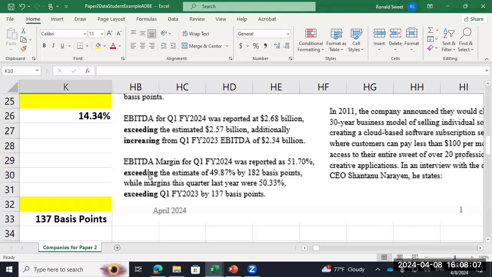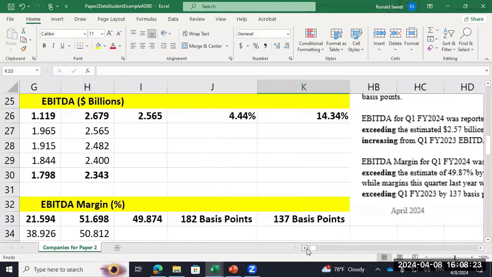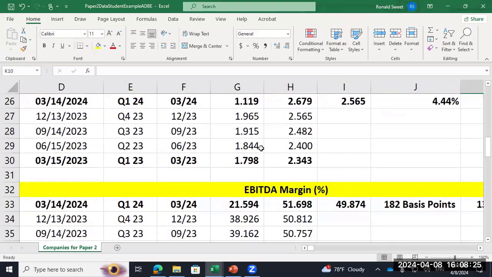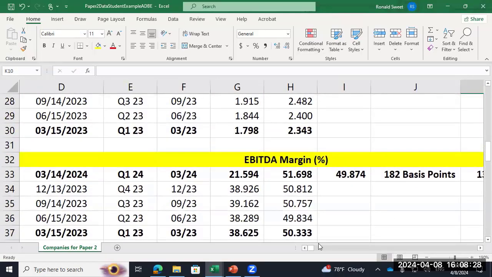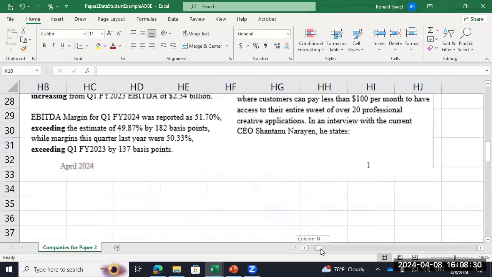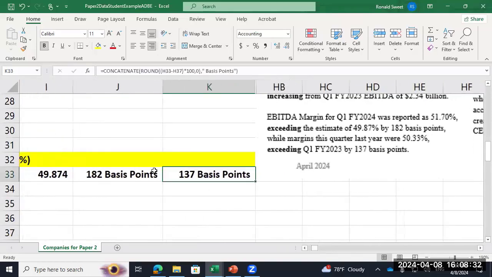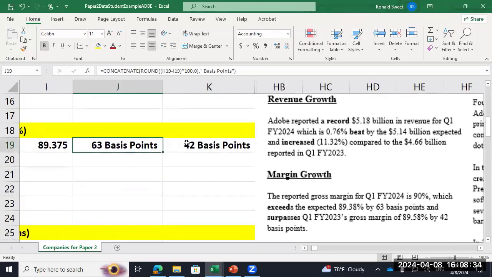EBITDA margin was reported at 51, exceeded estimate by 182 basis points. So yeah, an increase of 137 basis points. So it's just a matter of giving me the numbers, very straightforward. And I gave you the numbers, so you don't have to do the calculations yourself.